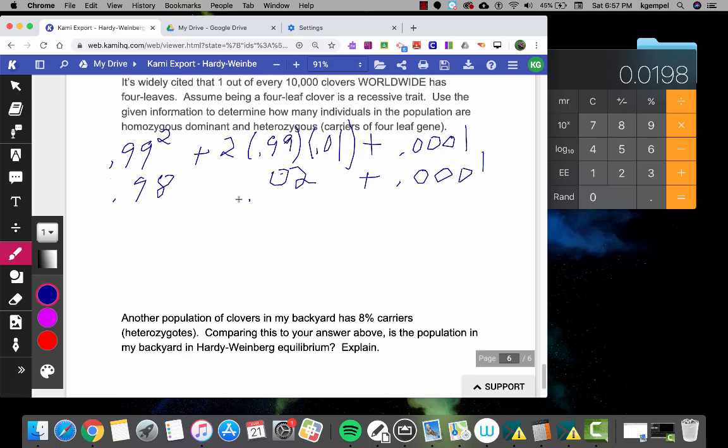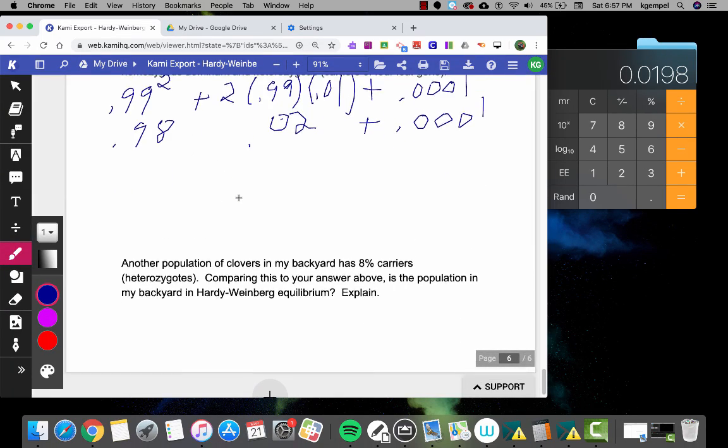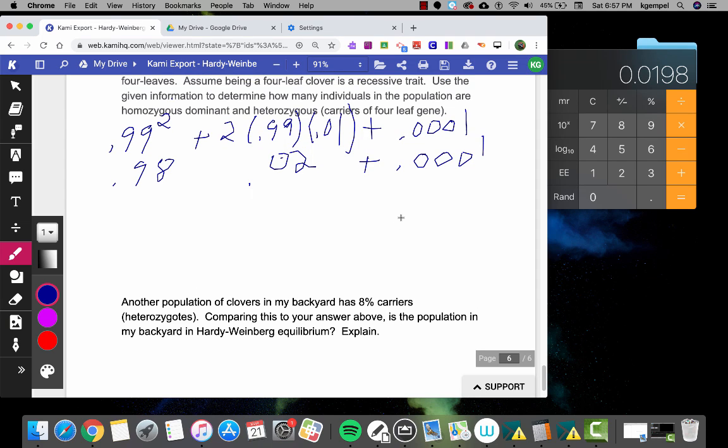And then it's asking you about the population of clovers in my backyard. I did not actually genetically sequence them to find out 8% of them are carriers, but worldwide, 2% of them should be carriers, and these are 8%. So again, maybe the original population that seeded my yard with clovers happened to carry more of that gene, because we would only expect 2% of them to be heterozygotes, but in this population it looks like 8%.